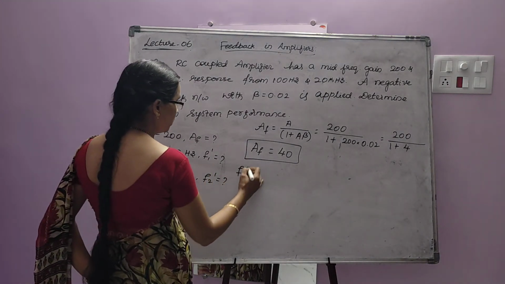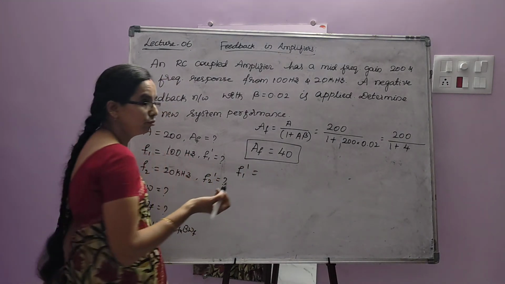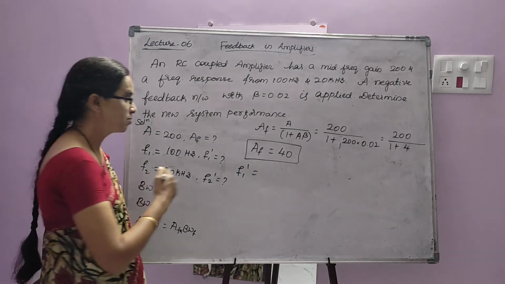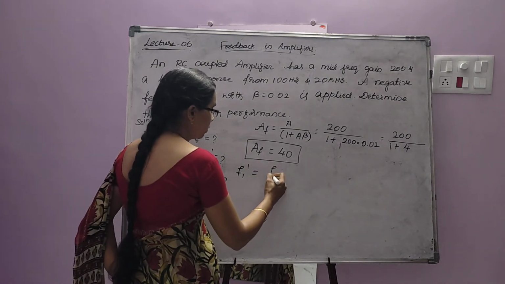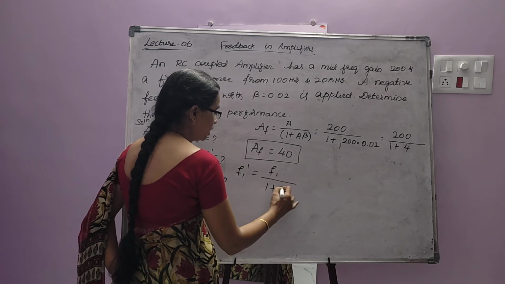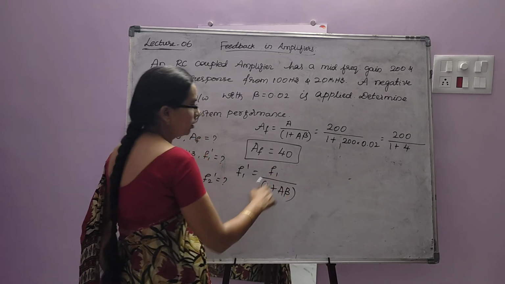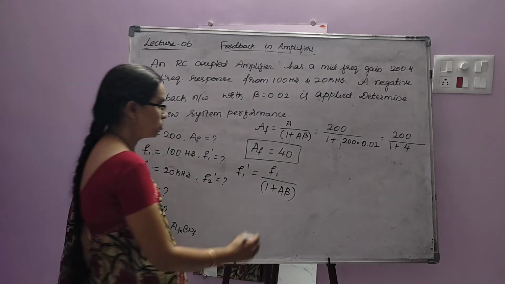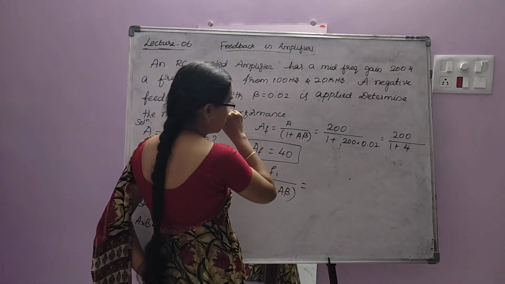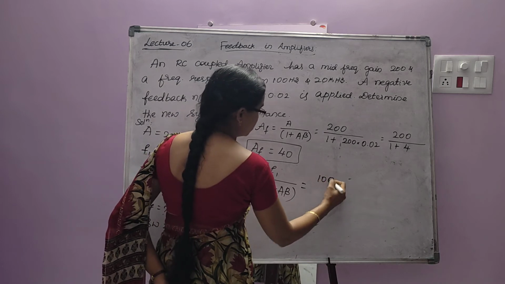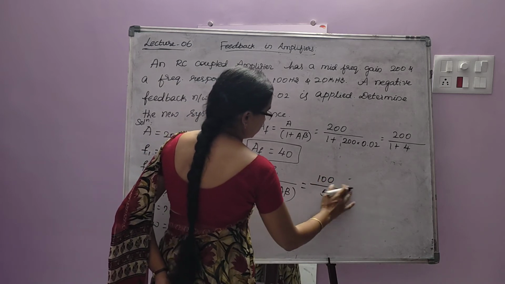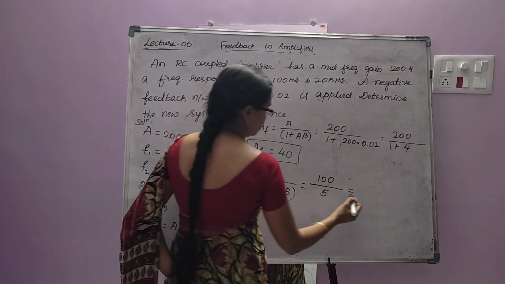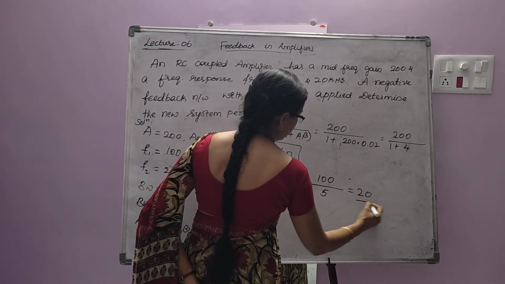So F1 dash I will calculate. F1 dash is the lower cutoff frequency which decreases. So F1 dash is equal to F1 divided by 1 plus A beta. 1 plus A beta will be 5. So F1 is 100 Hz, and it will be equal to 20 Hz.